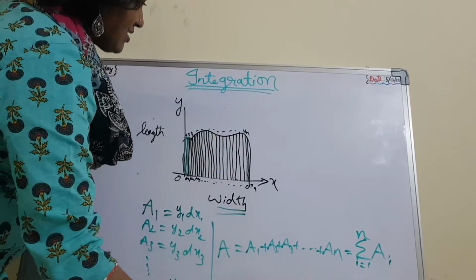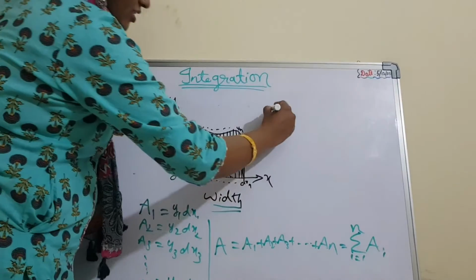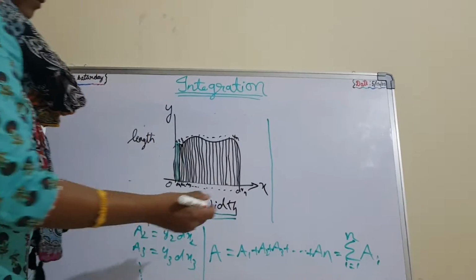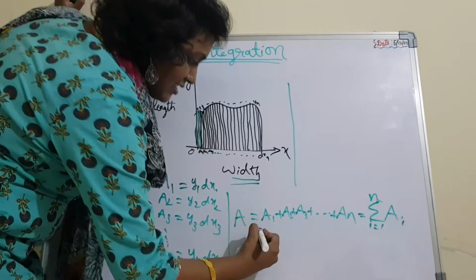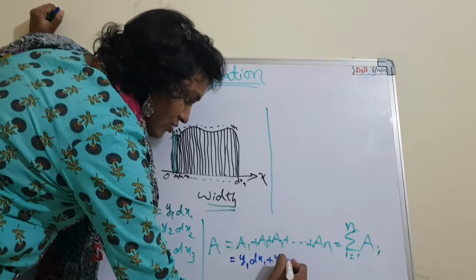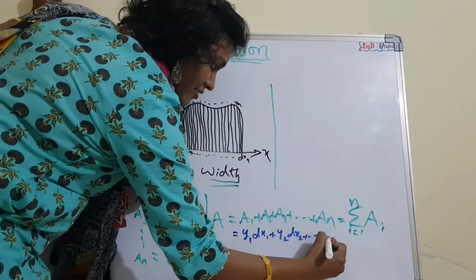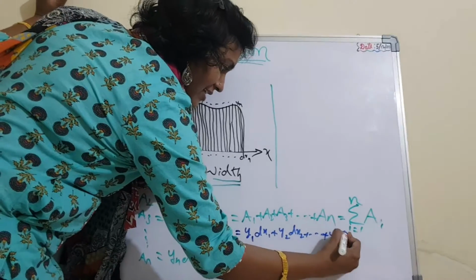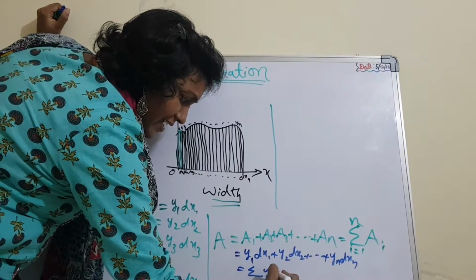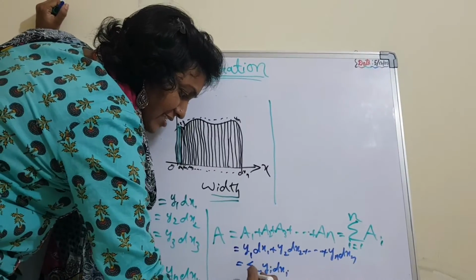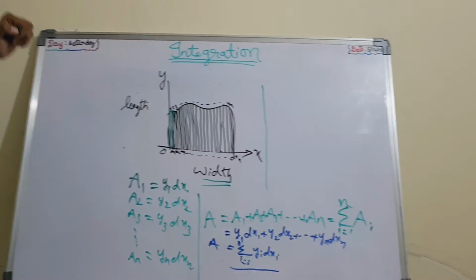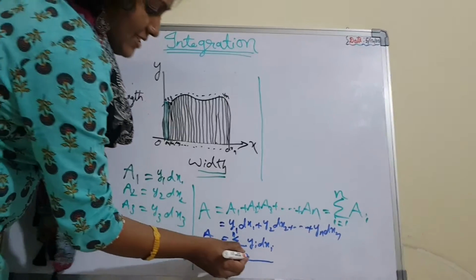Here what will we get? I will show here. Instead of A1 what can we write? y1 dx1, y2 dx2, and so on, yn dxn. We can write summation of yi dxi, i is equal to 1 to n, also the area.